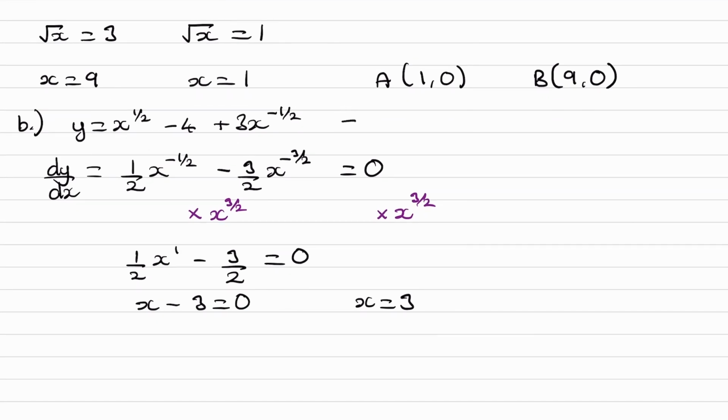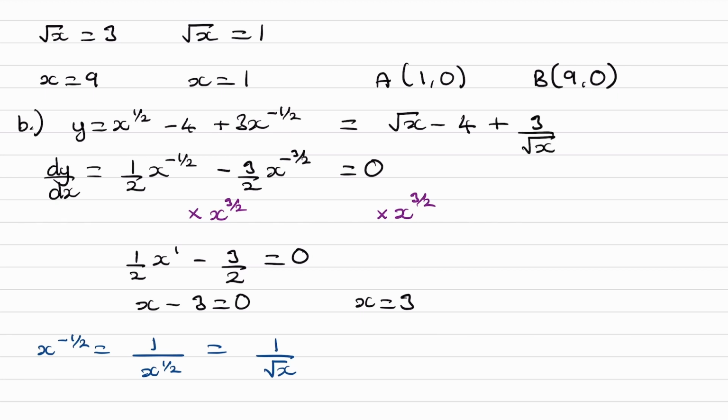First of all, I'm going to rewrite this as root x minus 4. Now, x to the power of minus a half is the same thing as 1 over x to the half, which is the same thing as 1 over root x. So then the plus 3x to the minus a half becomes plus 3 over root x.